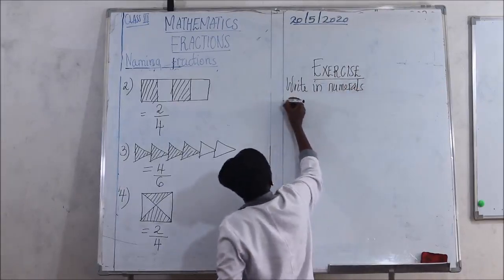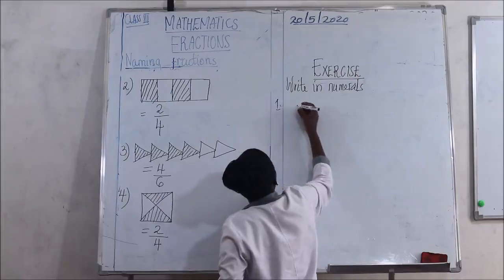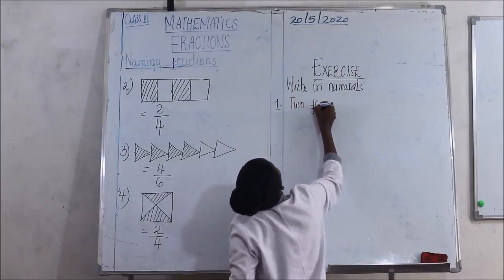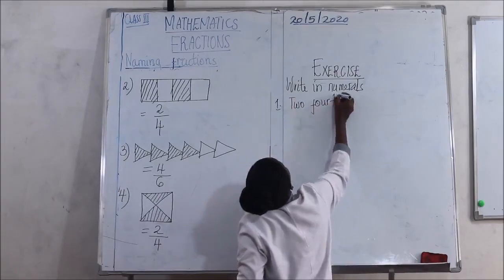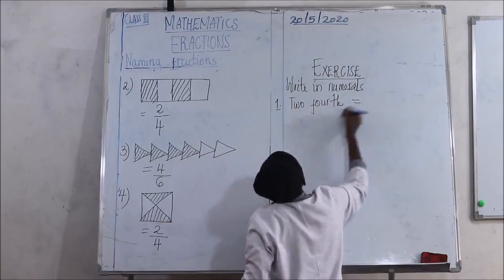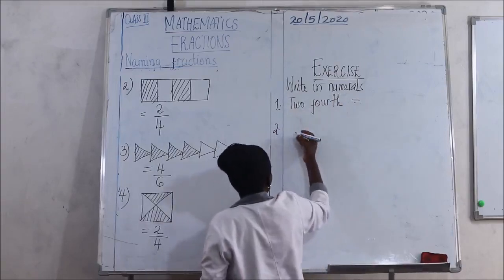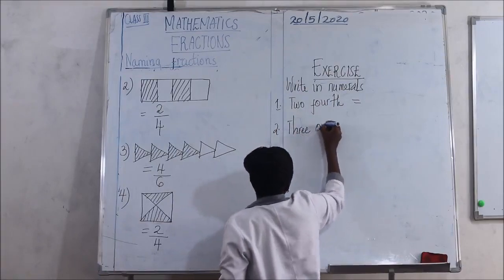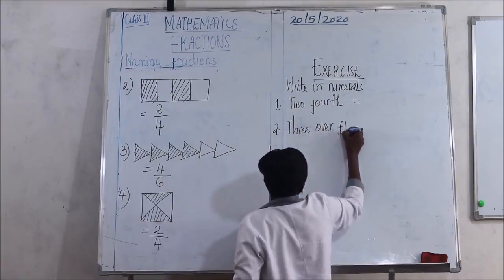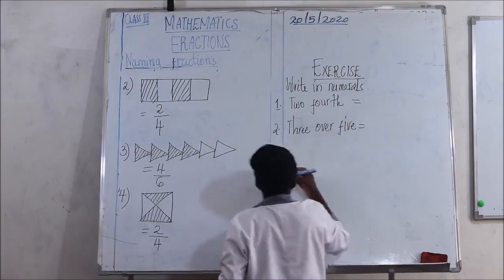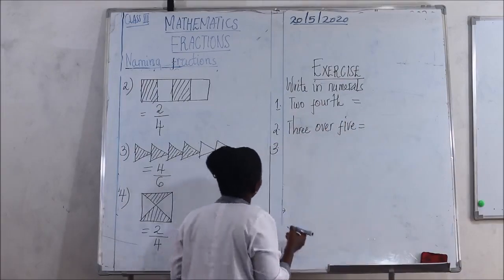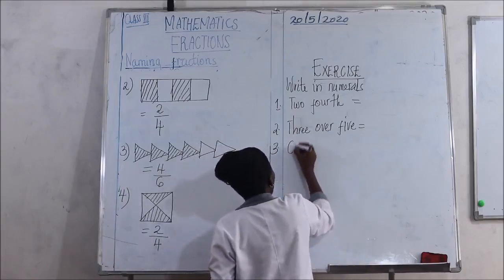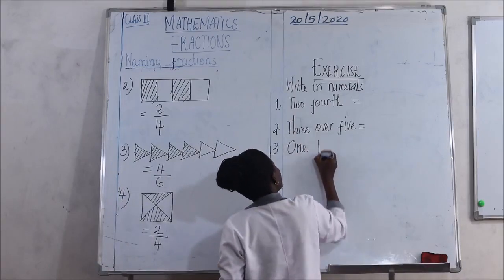Writing numerals. Question number 1. Three over 5. Number 3. 1/5.